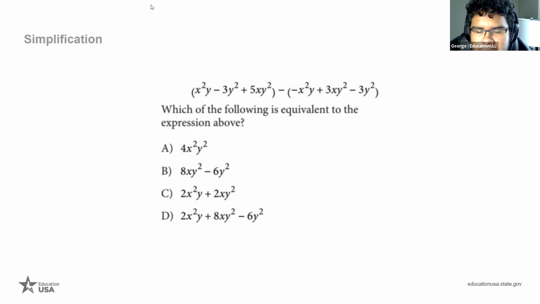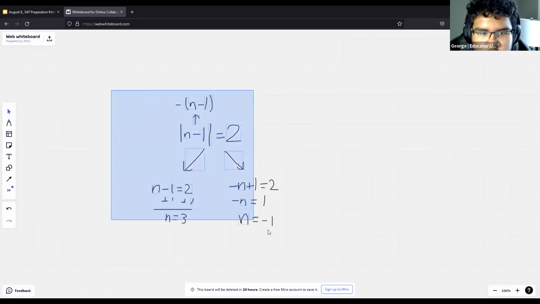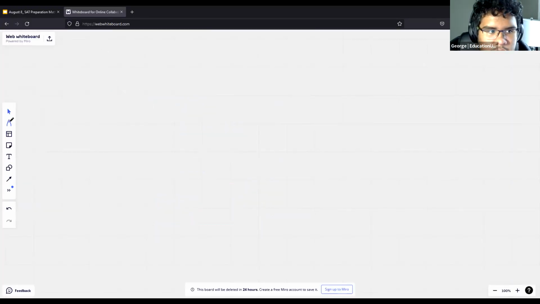All right. Yes, I'll go ahead and continue with this. The correct answer here is C, and I'll go ahead and explain it now. So let me just erase this real quick. Okay.